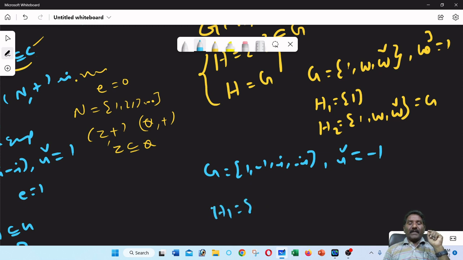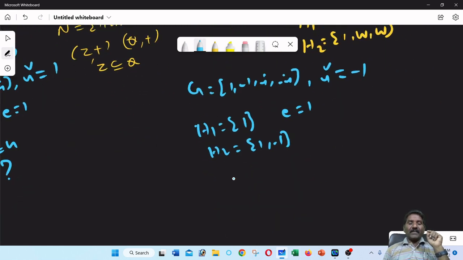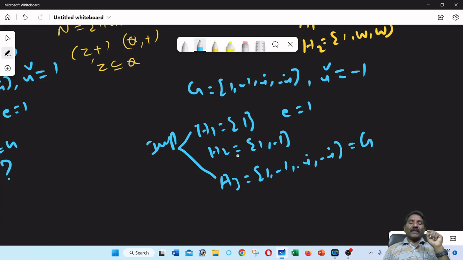Consider H1 = {1}, where 1 is the multiplicative identity, and H2 = {1, -1}, and H3 = {1, -1, i, -i}, that is G. Here H1 = {1} and H3 = G are the two improper subgroups, and H2 is a proper subgroup. The fourth roots of unity contain two improper subgroups and one proper subgroup.